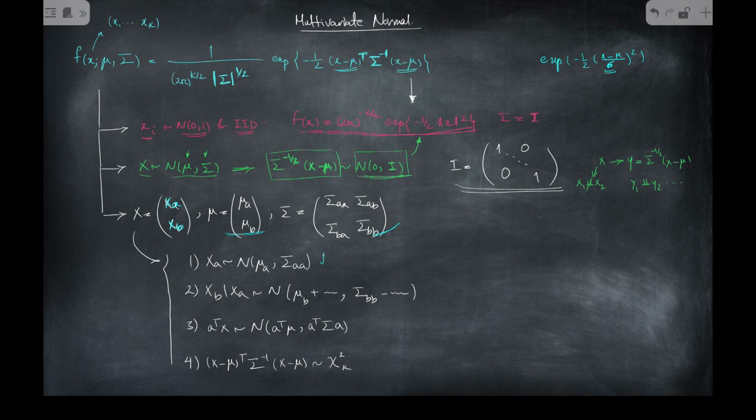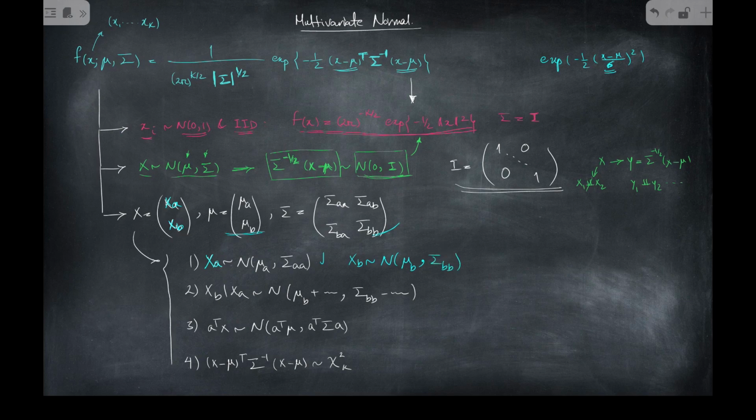XA is also normally distributed, so the part of that vector which you separated is normally distributed. You can imagine, because it's symmetric, XB is also normally distributed with mu B as its mean and sigma BB as its covariance matrix.